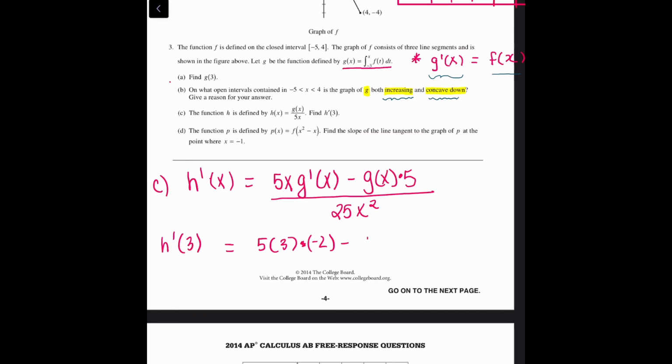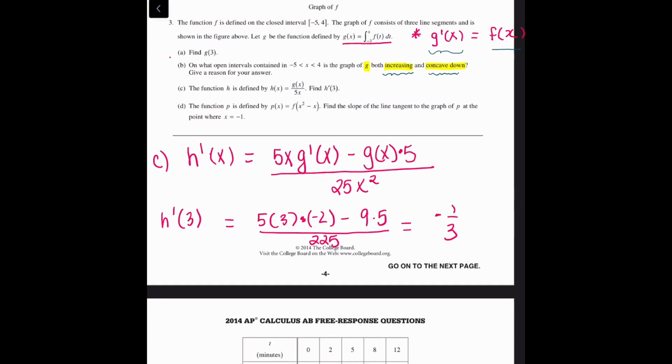So minus 9 times 5, all divided by, when we plug 3 in, 3 squared is 9 times 25, we get 225 on the bottom. And when we simplify this all the way, you're going to get negative 1 over 3. So here you have a point for finding, 2 points for finding the derivative over here, and 1 point for being able to plug things in and find an answer.